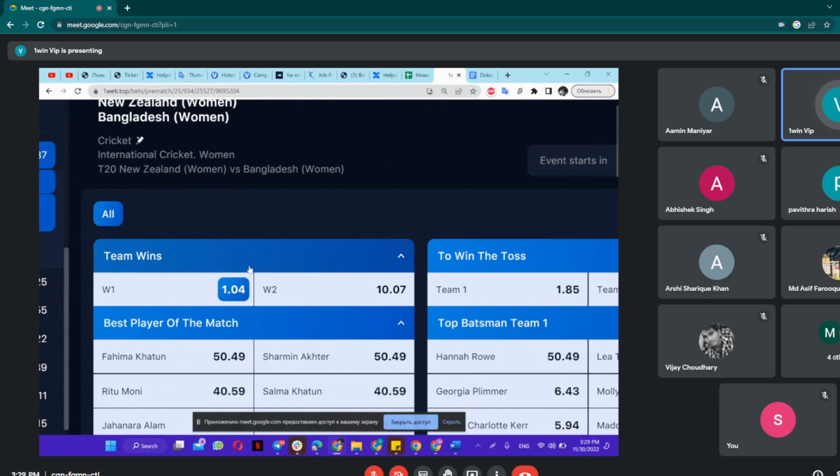But what is the other difference between team wins and 1x2? Remember, at the beginning of the training I was telling you that almost all of the bets on our website are calculated according to the main time of the match. For cricket, it depends on the number of overs, from 3 hours to 5 days.